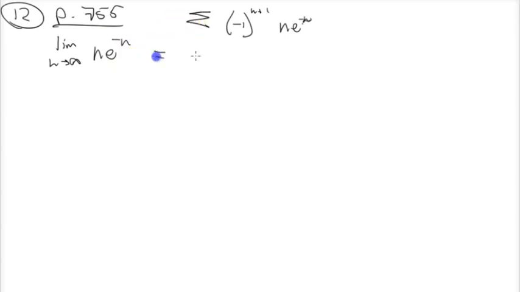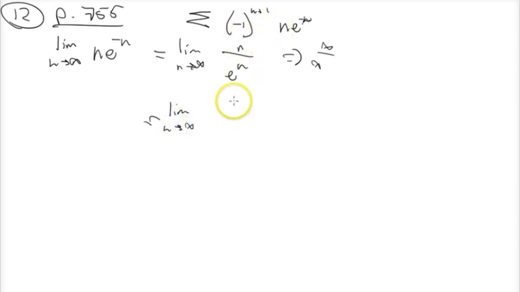Now we can rewrite this as a fraction, which is easier to take the limit of, because we can end up using L'Hopital's rule. So we get n over e to the n. We plug infinity in there and get the indeterminate form infinity over infinity, which allows us to use L'Hopital's rule. So then we get the limit as n approaches infinity: the derivative of n is 1, the derivative of e to the n is e to the n.